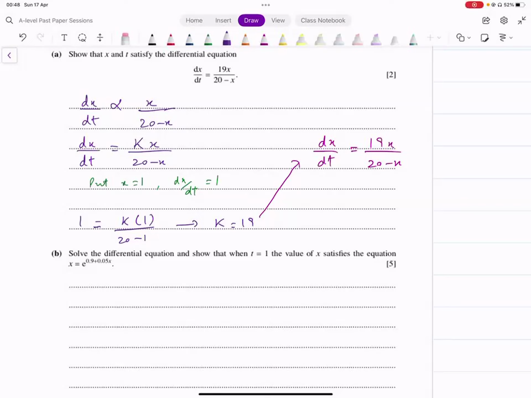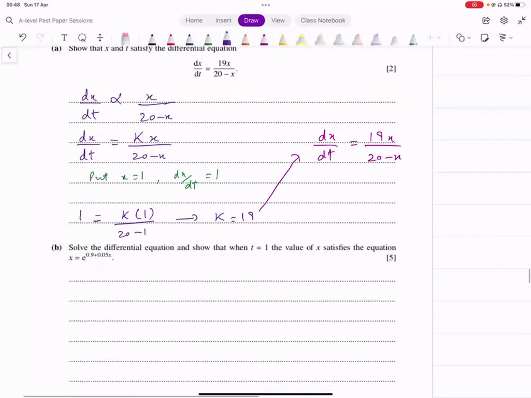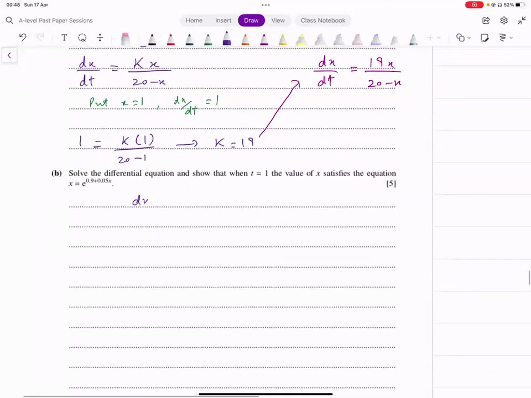Solve the differential equation and show that when t equals 1, the value of x satisfies this equation. We have to solve this differential equation, dx over dt equals 19x over 20 minus x.